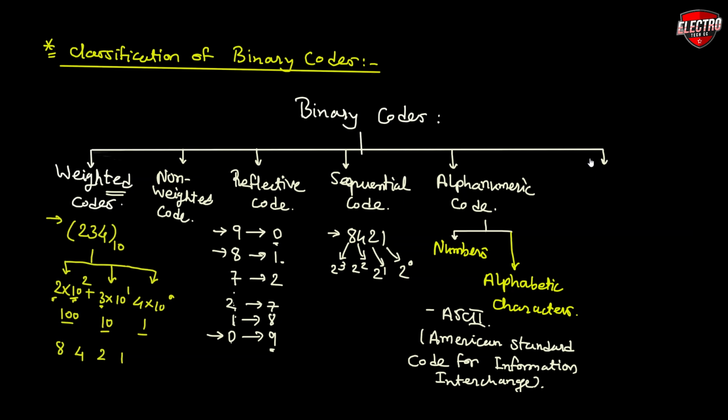The last code used in digital communication is the error detecting and correcting codes, which are most important in digital communication. When digital information in binary form is transmitted from one computer to another computer or one system to another system, an error can occur.